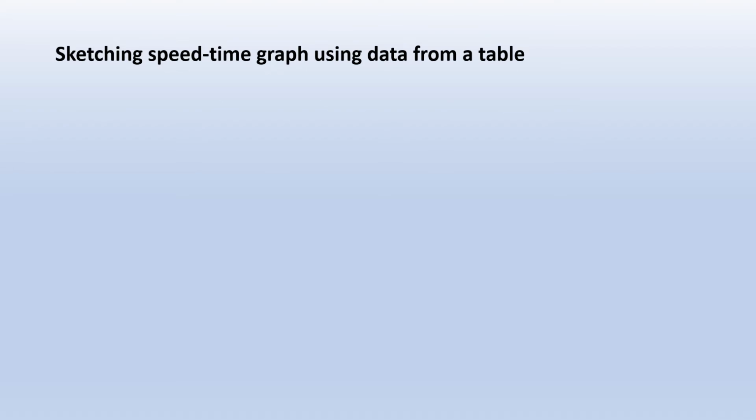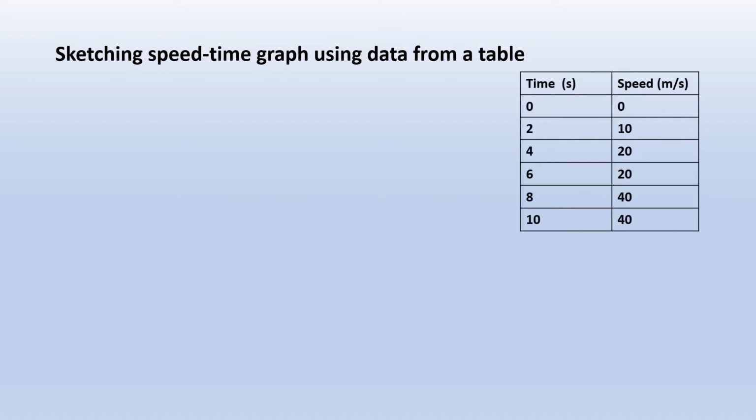Sketching speed-time graph using data from a table. In the table, we have value of speed at various time intervals. We are going to use these data to sketch a speed-time graph.